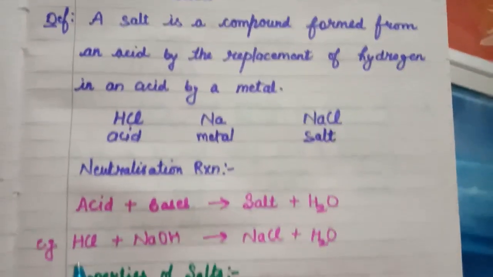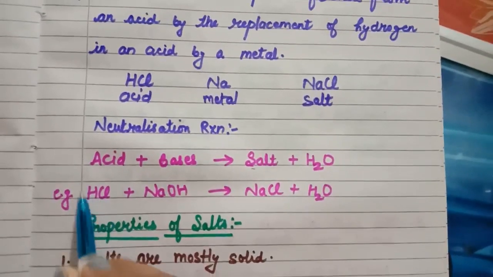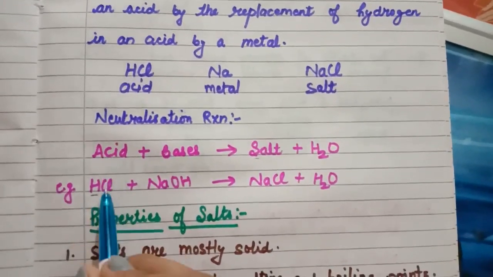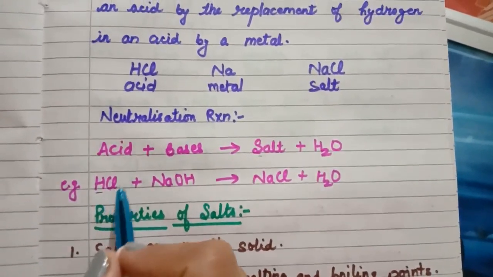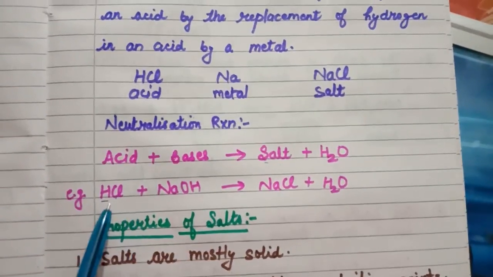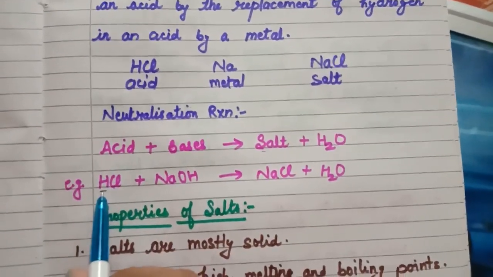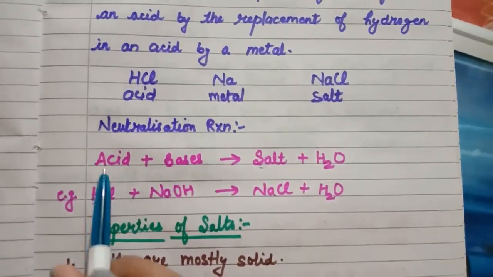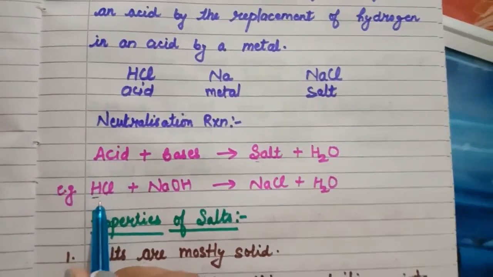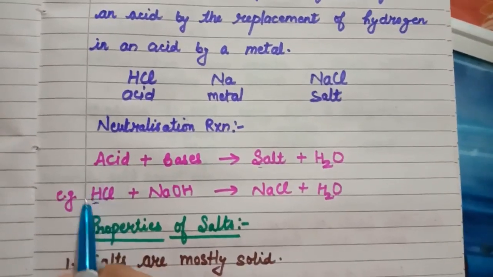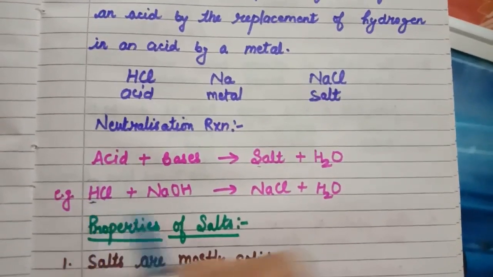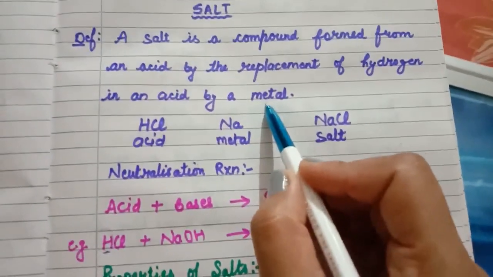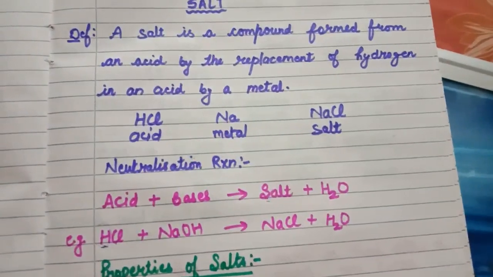That means we have to replace the hydrogen of the acid. If we take an acid, then we know that in an acid there is always a presence of hydrogen ion, H positive ion. So if we replace this H positive ion by some other metal, then the compound formed will be a salt.